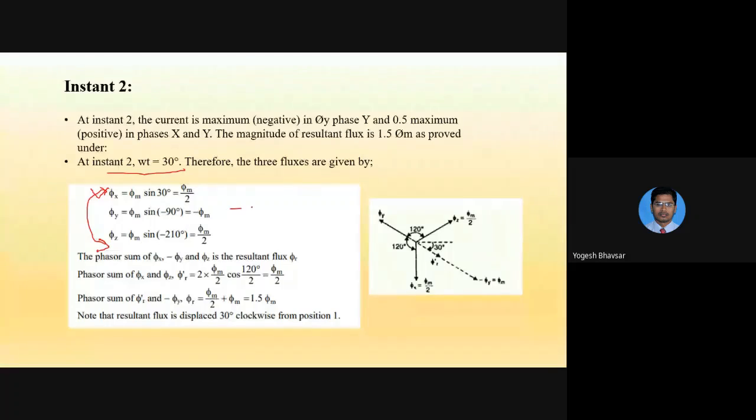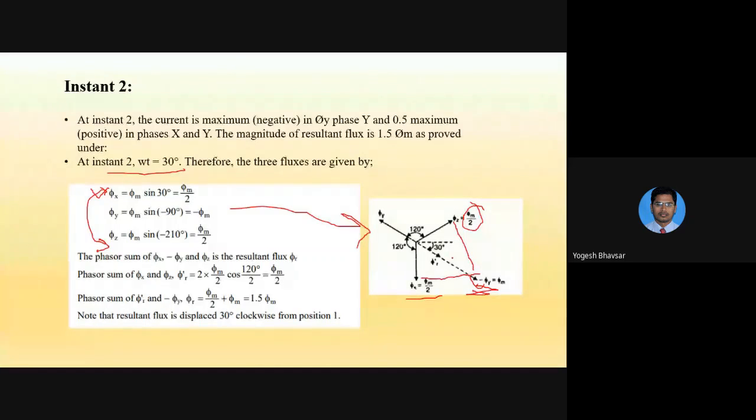Now use in the phasor. Phi x is phi m by 2, phi y which is minus phi m. So we have to take it negative, so it will be here. And phi z again phi m by 2. Now look at that. So exactly it is in between z and x. It is nothing but on the axis of phase y. So here on the axis of phase y, so this will be the resultant.